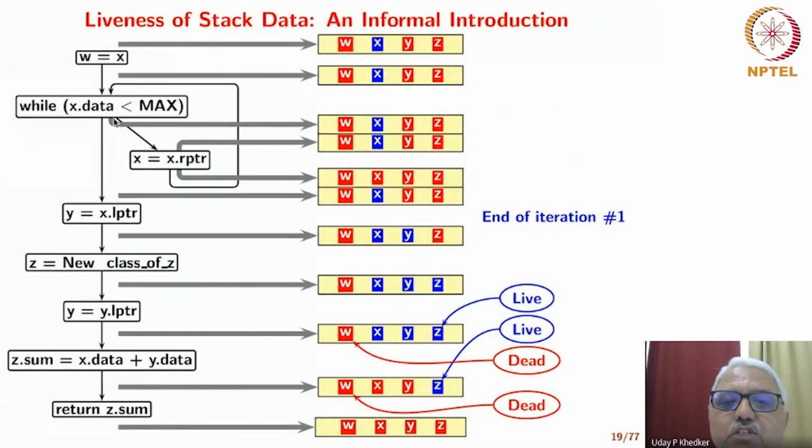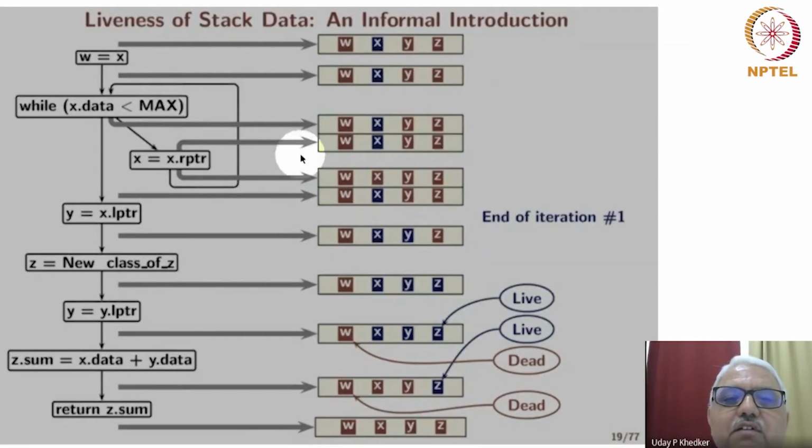Okay, we have to make sure that this information is consistent. In particular, what does liveness mean? Liveness means that a variable is marked as live if there exists a control flow path along which the value of the variable is used. So we observe here that X is dead, but there is a control flow path along which this X is being used.